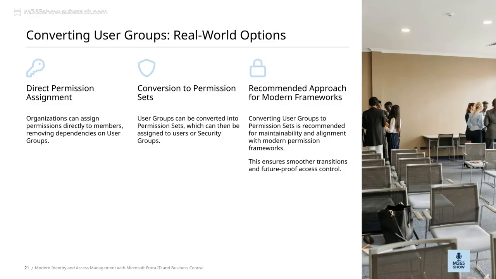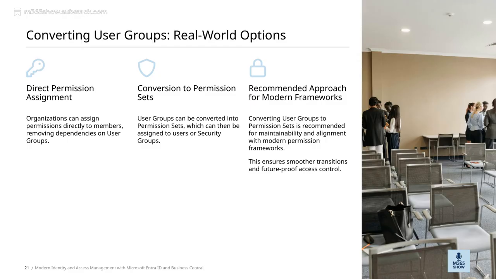Let's talk about converting user groups to permission sets, which is a recommended approach for maintaining and aligning with modern permission frameworks. By making this switch, you ensure that your access control remains smoother and more adaptable for the future. The key idea here is that user groups can be converted into permission sets. Once converted, these permission sets can be assigned directly to individual users or security groups, giving you greater flexibility.